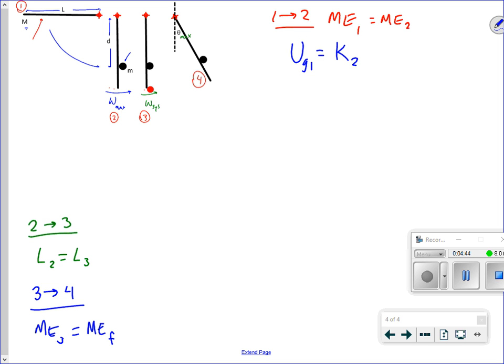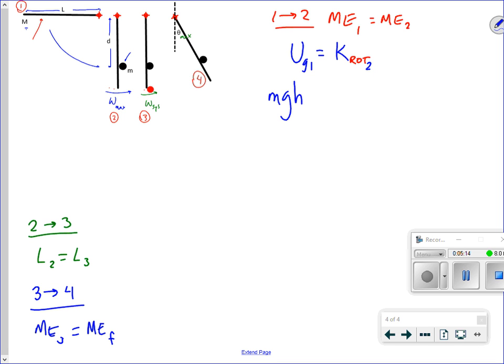In particular, this is a system that is not translating. Every part of this object is not moving in one direction, but this object does rotate. So this gravitational potential energy turns into rotational kinetic energy. Now, the gravitational potential energy we're going to write as mgh.